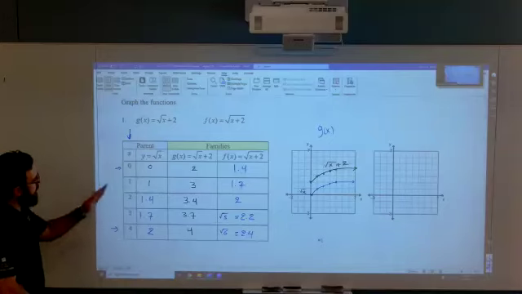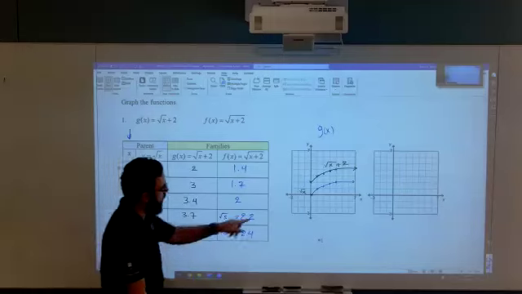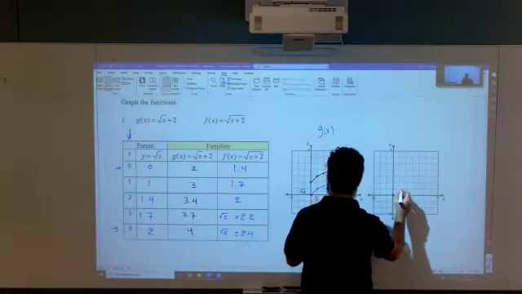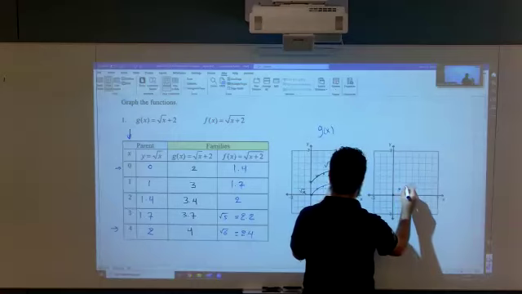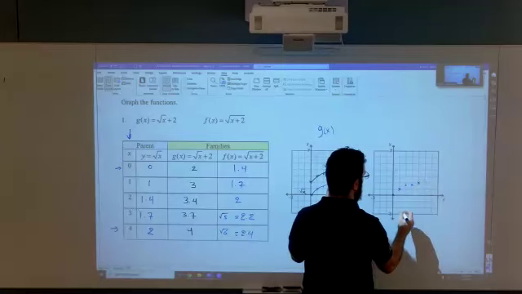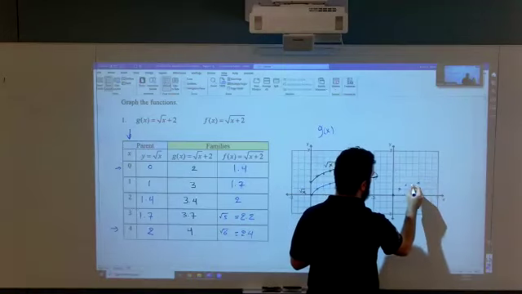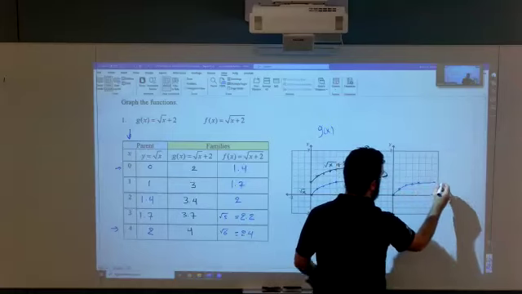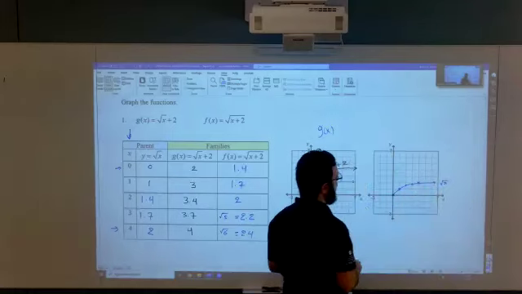Okay. The same basic graph is going to be with this one. Here's the basic graph. This point. This point. The graph of the basic function.